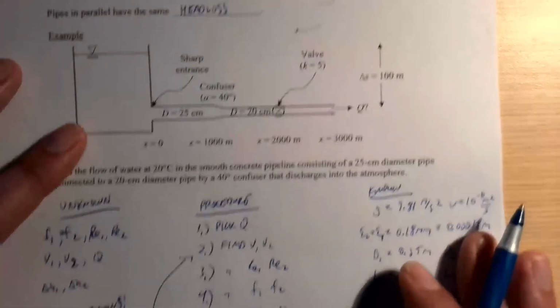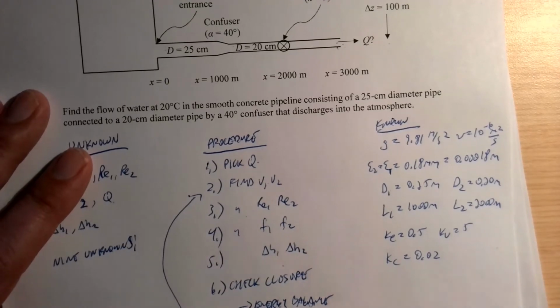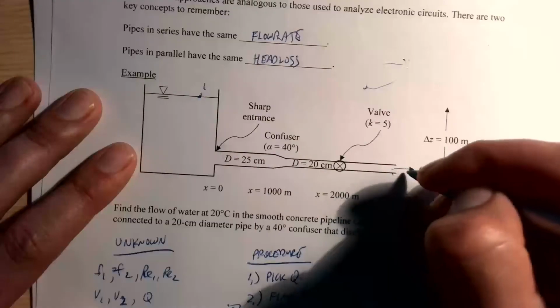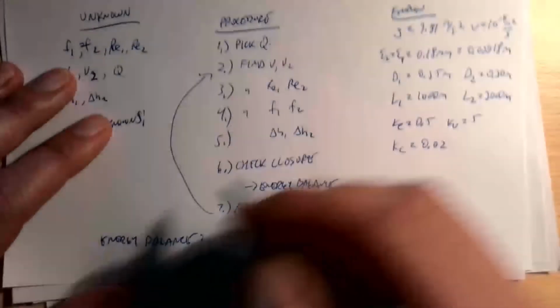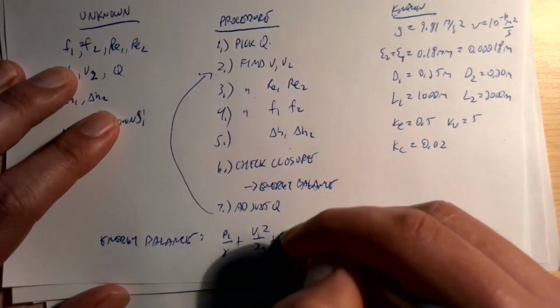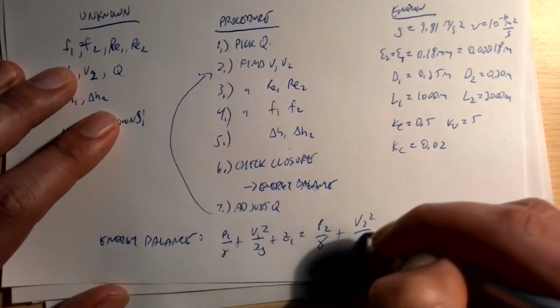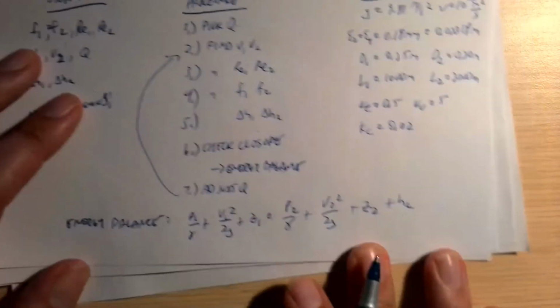So let's do a quick energy balance. If I pick this point 1, and then this point 2, I know that P1 over gamma plus V1 squared over 2g plus Z1 is equal to P2 over gamma plus V2 squared over 2g plus Z2 plus my losses.